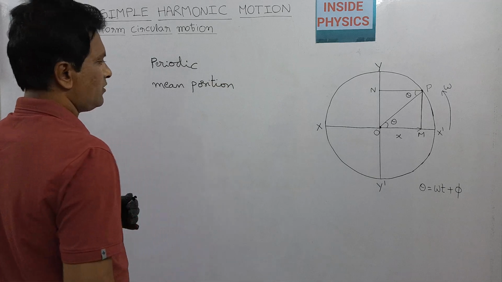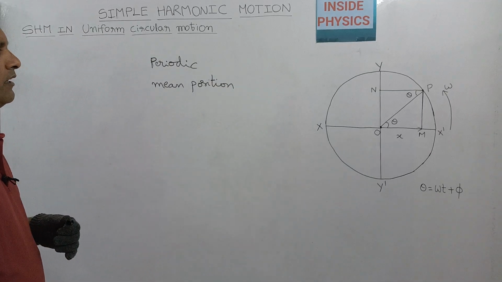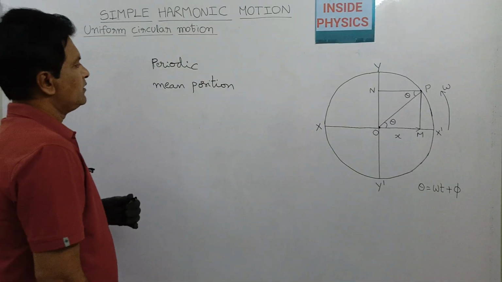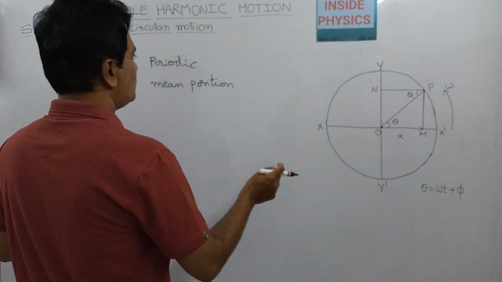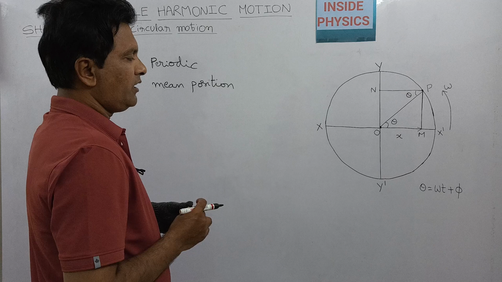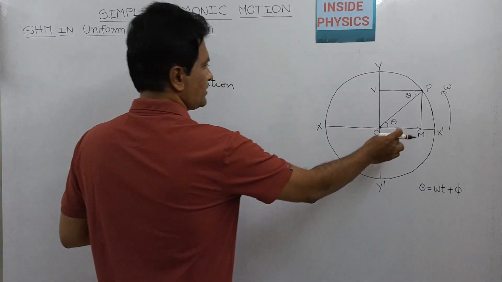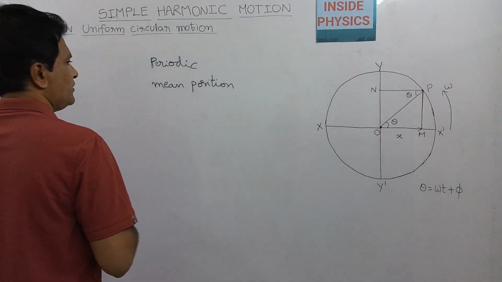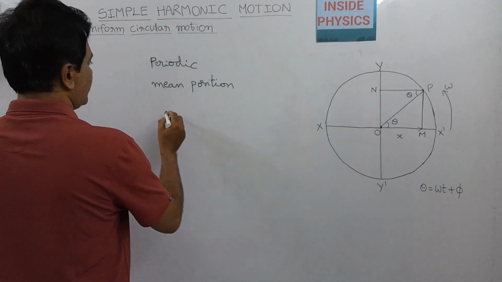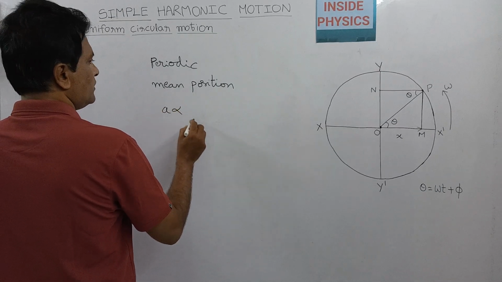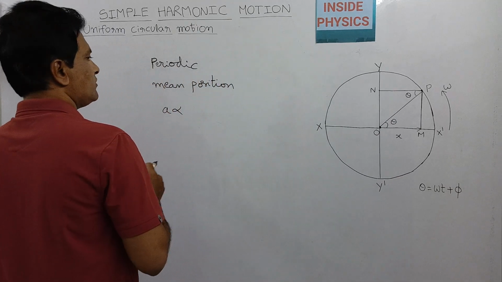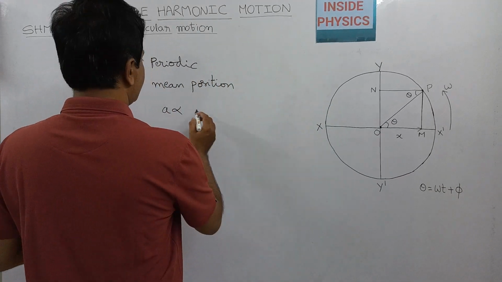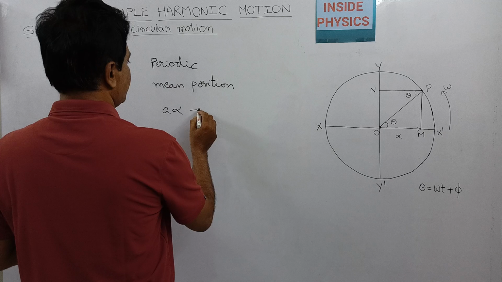And the acceleration must always be directed towards this mean position, and the acceleration of this projection, which we need to prove, is directly proportional to displacement, and it is always directed opposite to the displacement.